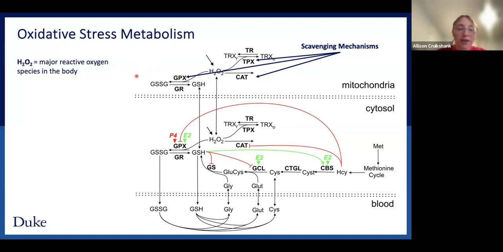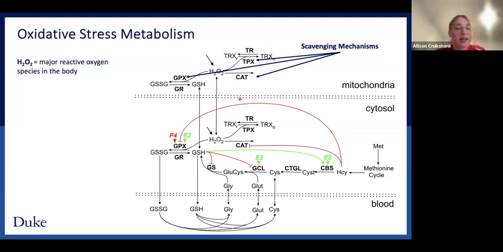So we have the glutathione pathway here, which is what I've been modeling before, but we also have these other two pathways. The thioredoxin pathway acts very similarly to the glutathione pathway in that we have a reduced thioredoxin being oxidized to oxidized thioredoxin, and then it's reduced back to the reduced form.